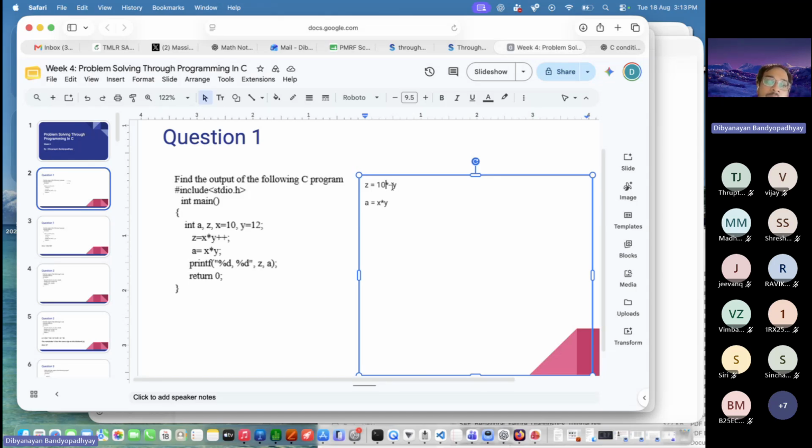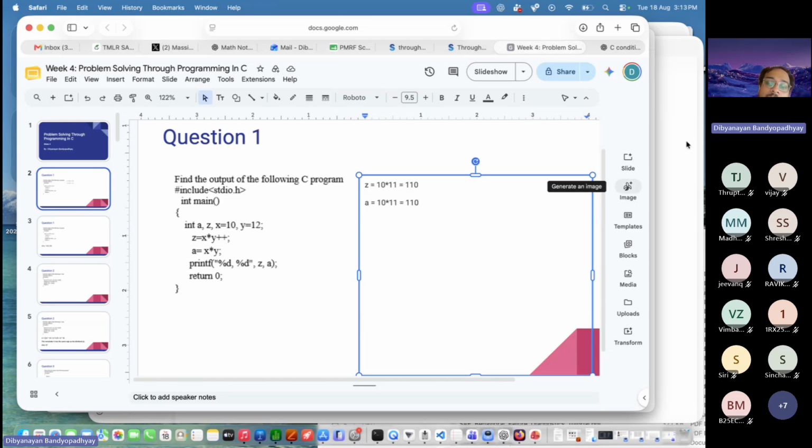The current value of y is how much? 12. You decrement it first and then multiply. Then it is basically 110. And what is the current value of y now? It is pre-decremented to 11. And what is the value of x? It is 10. So a is also 110. So both z and a will be 110.